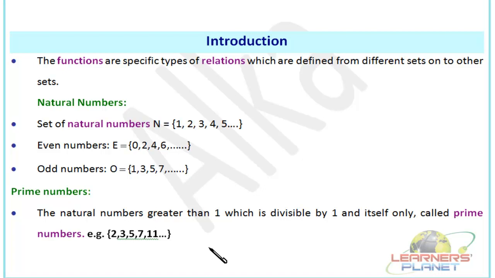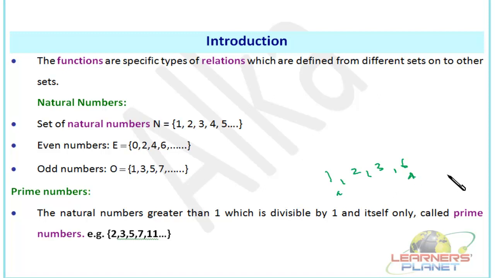All the composite numbers have at least one other factor except 1 and the number itself. If I talk about 6, how many factors does 6 have? It's 1, 2, 3 and 6. So except 6 and 1, it has two other factors. That means 6 is a composite number.